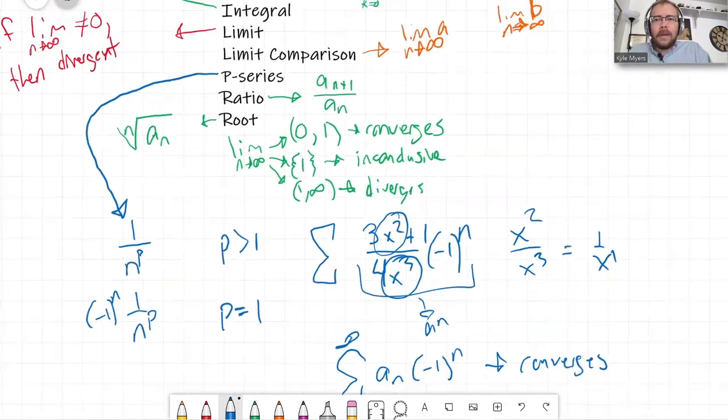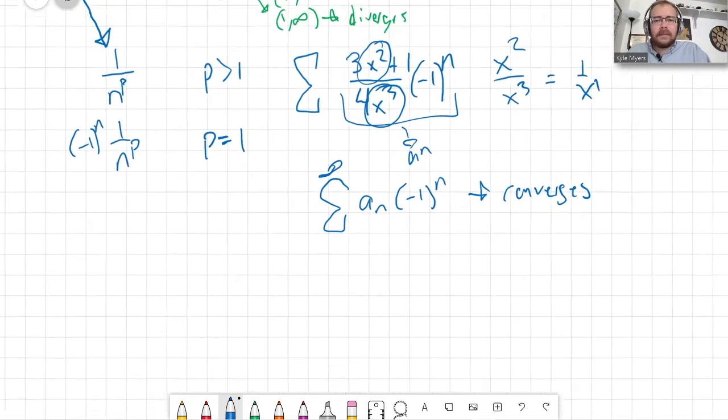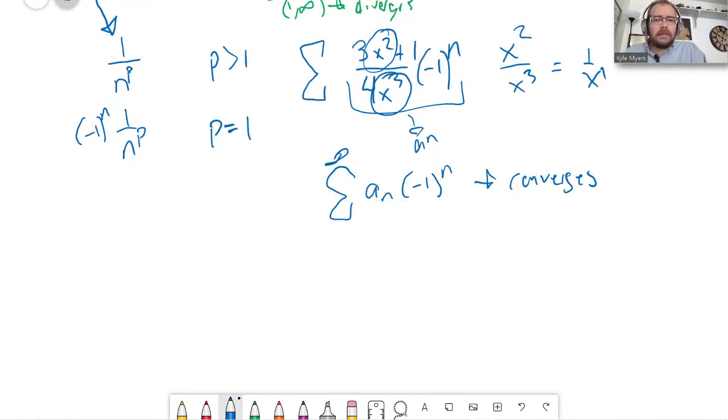Now, what about if it's something else? Well, if it's not a polynomial, let's say it's got roots in it. So if it was x over x to the 5 halves power minus 1. Okay, well then you just look at the big dogs.